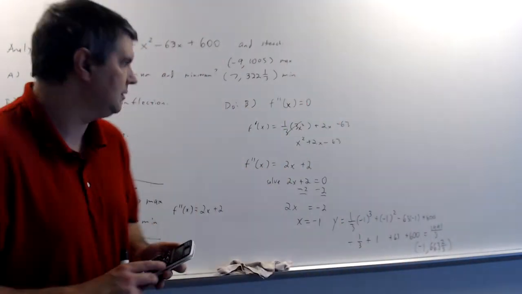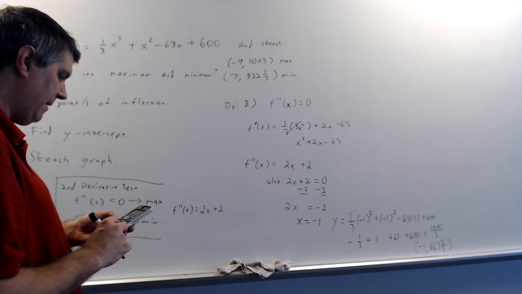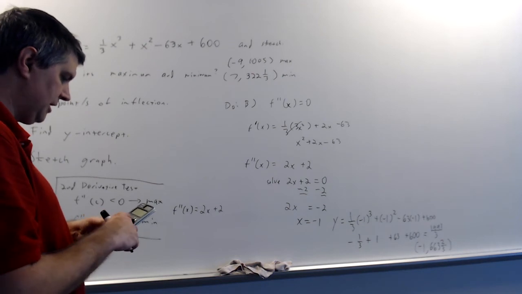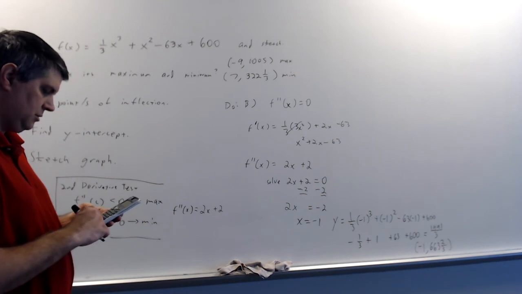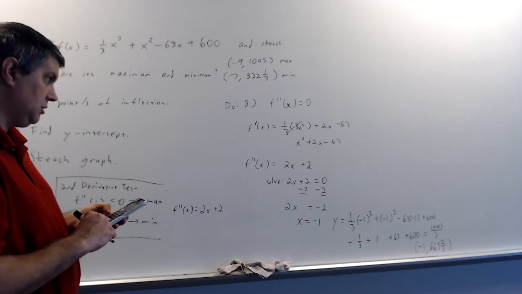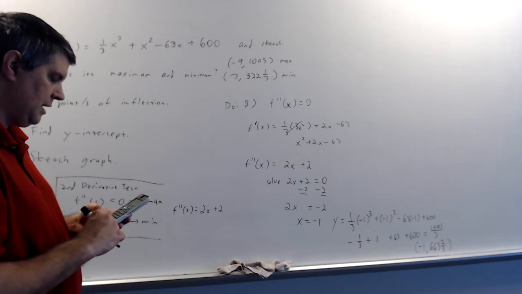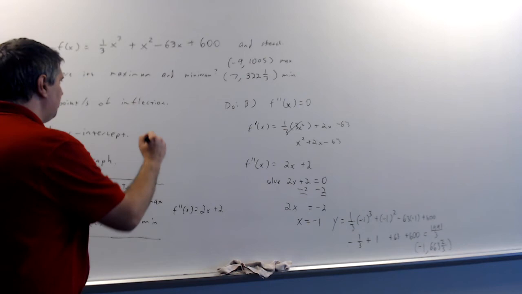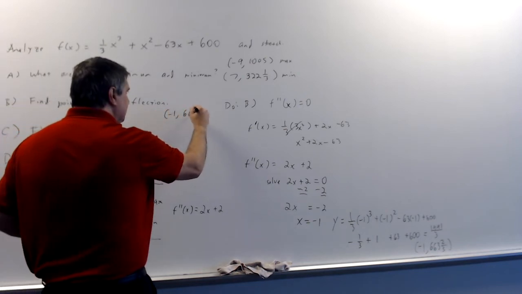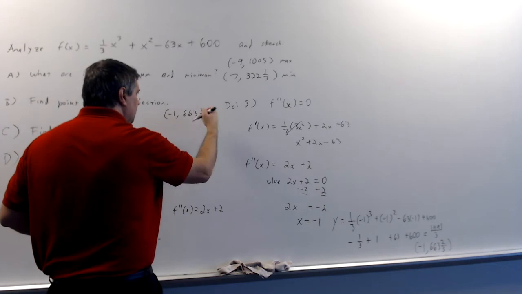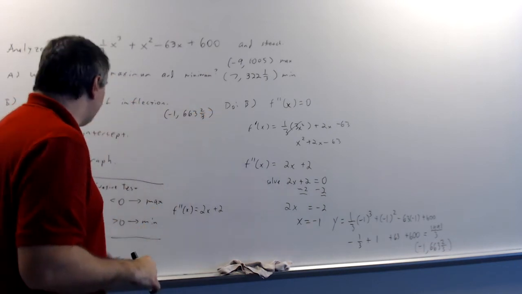I'm going to verify that using another mode on my calculator. Yeah, I got the same answer. So the point of inflection here is negative 1, 663 and 2/3. Now I need to do C.